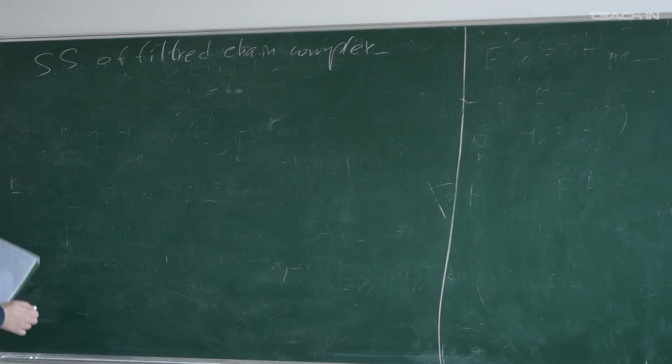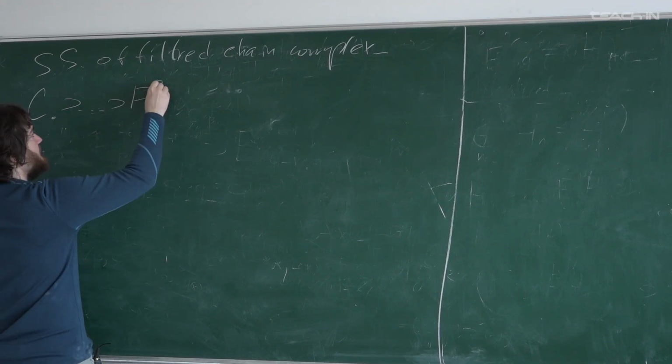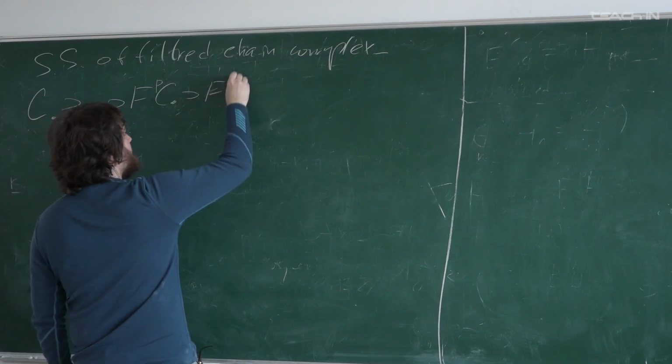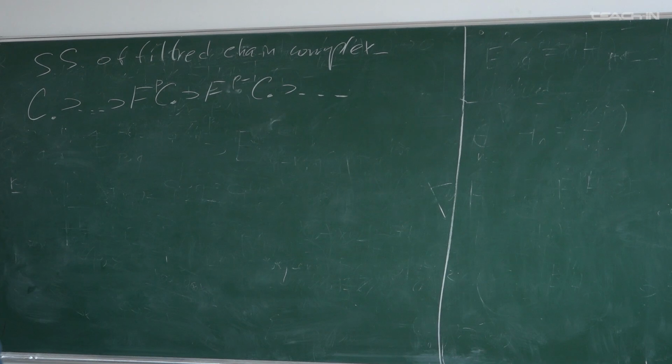Now let us have a chain complex, and suppose that we have an increasing filtration of this chain complex. It's an increasing filtration by subcomplexes. Okay, these are all subcomplexes of this chain complex.